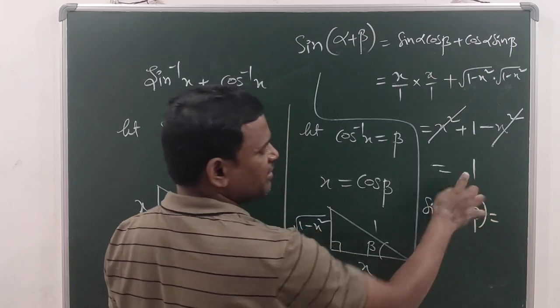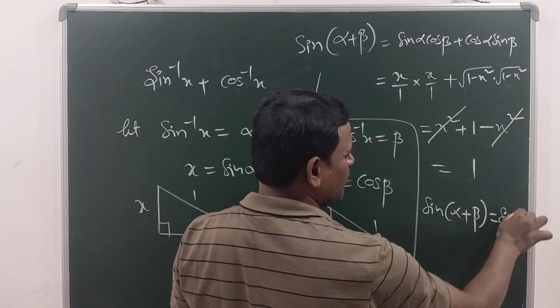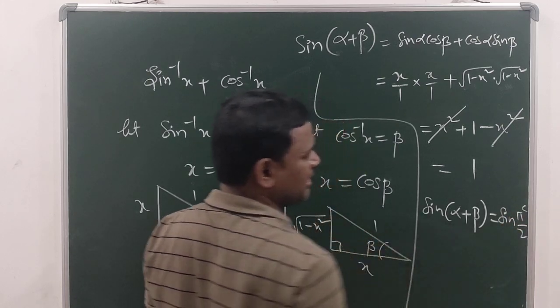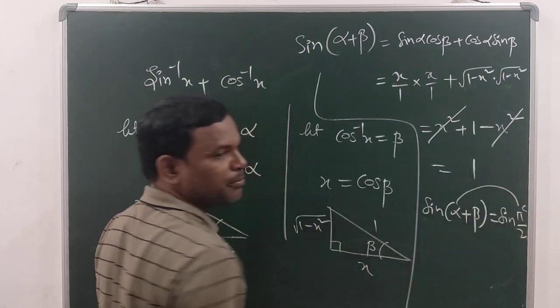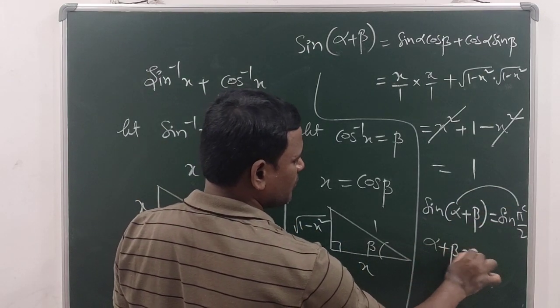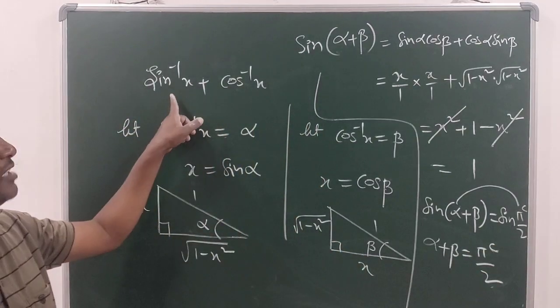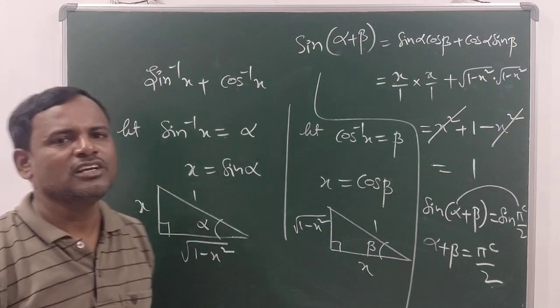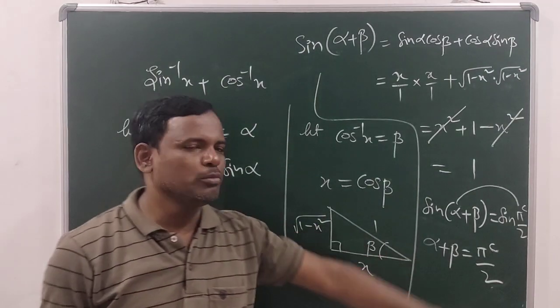Now express this one in terms of sine. So you will get sine 90, no? Sine 90. Now both sides sine ratios are there. In such a case you can compare these angles. Now alpha plus beta is equal to 90 degrees. Alpha means sin inverse of x. Beta means cos inverse of x. Am I right? Now whose sum, how much have you got?